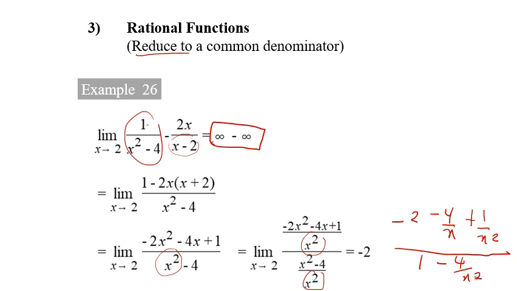But this one says approach 2. There seems to consider only this one. Okay, more or less for x approach infinity actually. Okay, and then we will get the answer is negative 2.